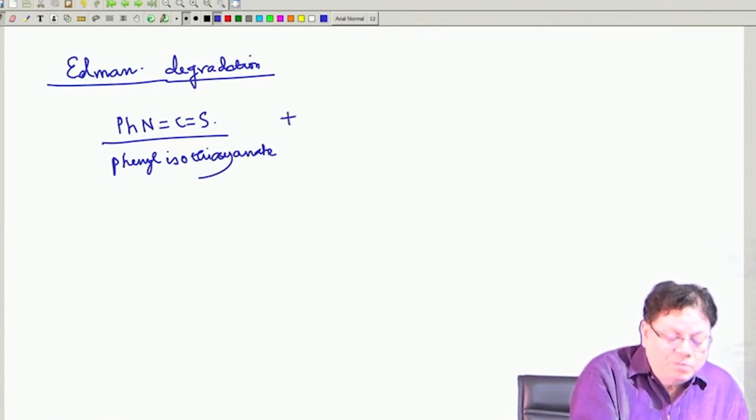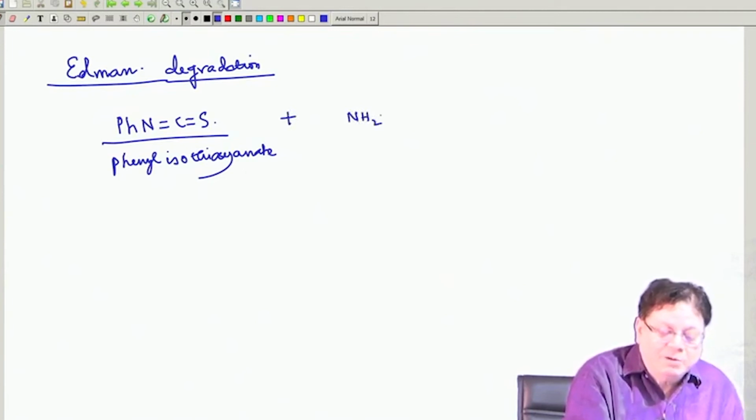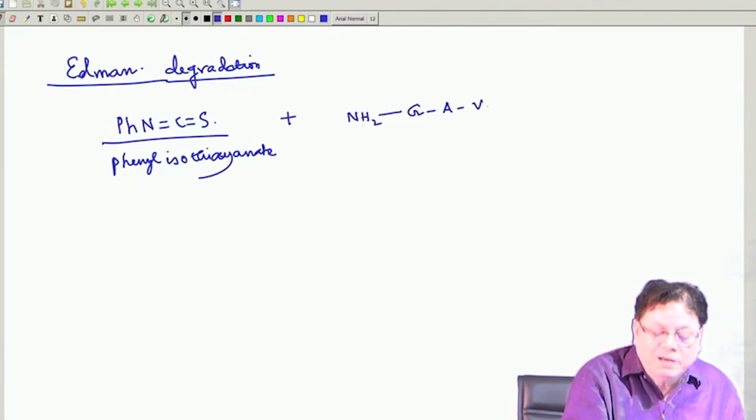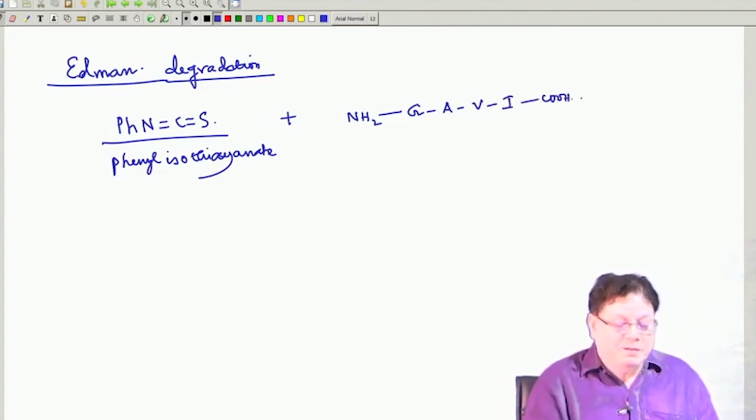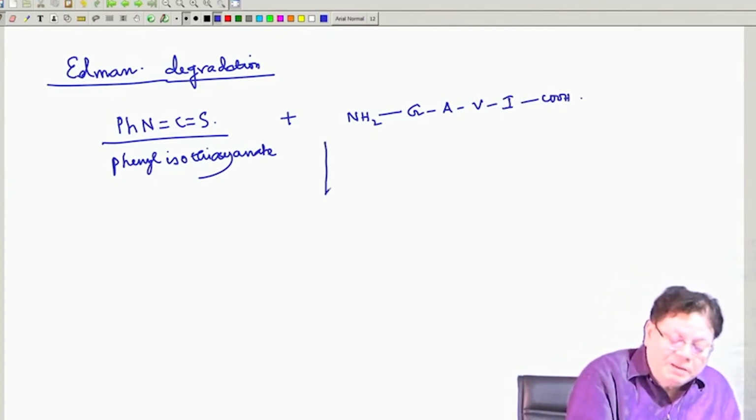Now, if you add phenyl isothiocyanate and any amino acid, any peptide, again I write some peptide G, A, V, I. Now, I take a tetrapeptide and CO2H I. So, what will happen? This reaction was done at a little higher pH, around pH 8, around pH 8.